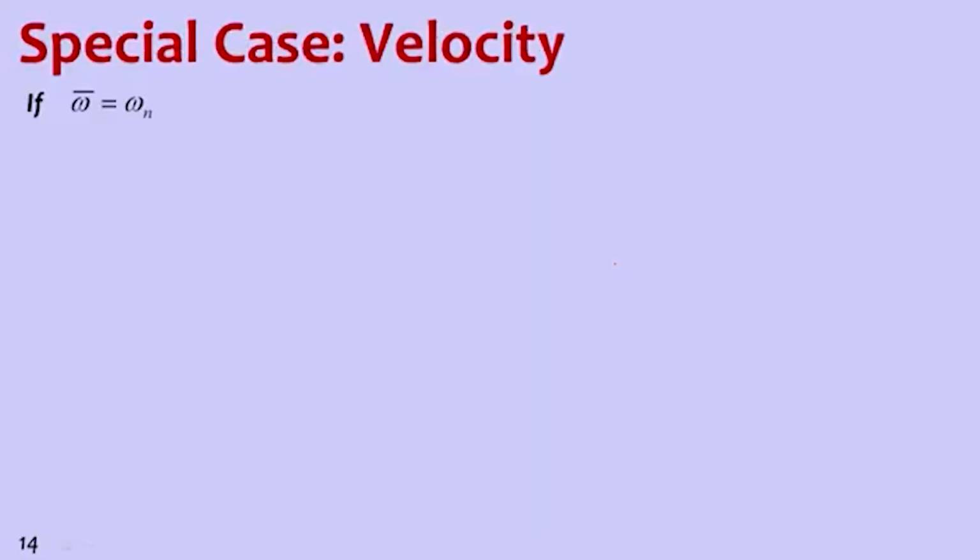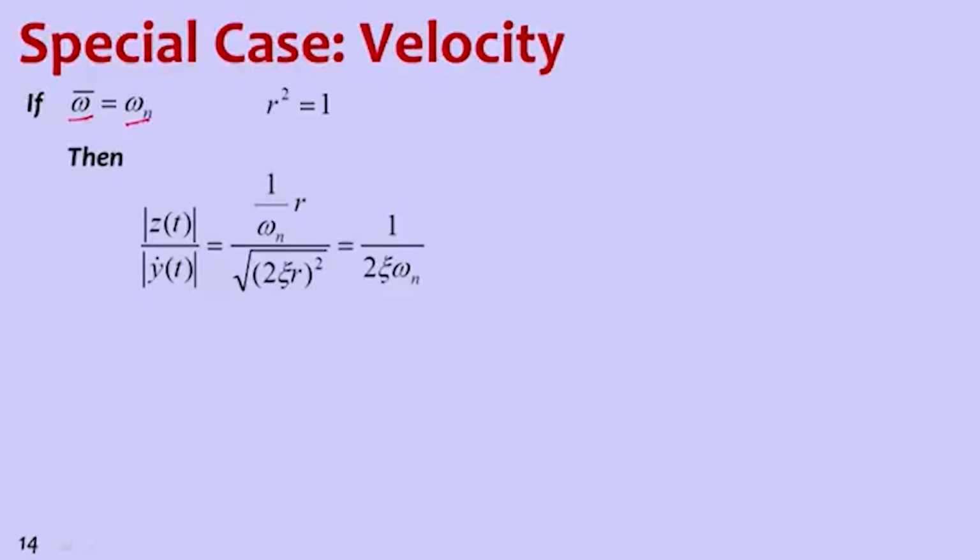And the third one is the velocity meter. When forcing frequency and natural frequency are the same, then r square is equal to 1, or r is equal to 1. So what will happen is, under root 1 minus r square whole square goes to zero, and 2 zeta r will remain. So 1 by 2 zeta into r. So we will be left with z is equal to 1 by 2 zeta omega n into y dot.